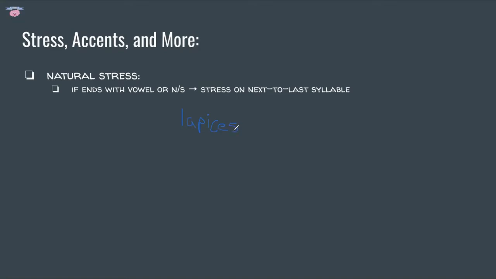This word usually has an accent, which we'll talk about later. But if it didn't have an accent, the stress should be on the next to last syllable. So it's la is one syllable, pi, ses. So the stress should be on this syllable right here, P. On the other hand, if a word ends with a consonant that's not N or S, the stress is on the last syllable.